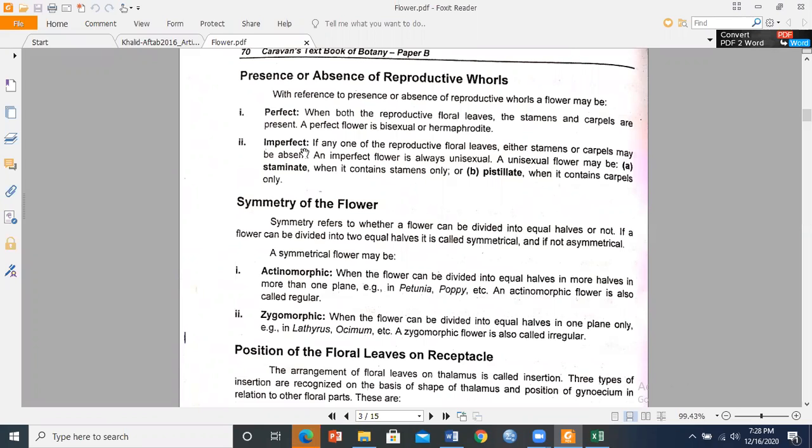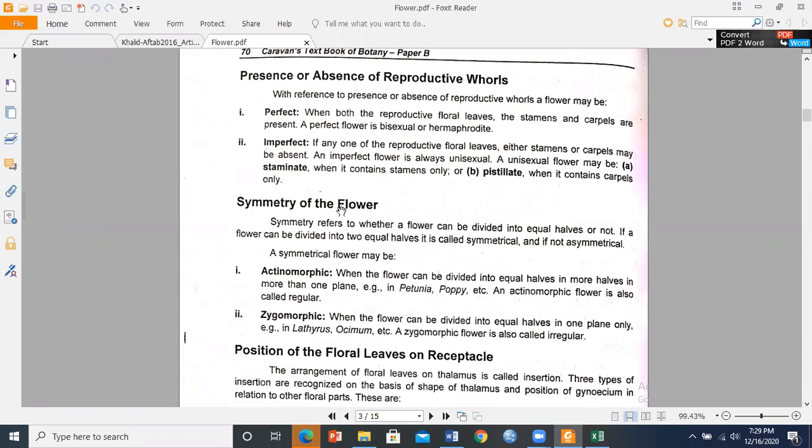If a plant has two separate flowers, male flowers and female flowers, then each flower is called unisexual. If it is male, it contains only stamens, and that flower is called staminate. If it contains only carpels, then it is called pistillate.